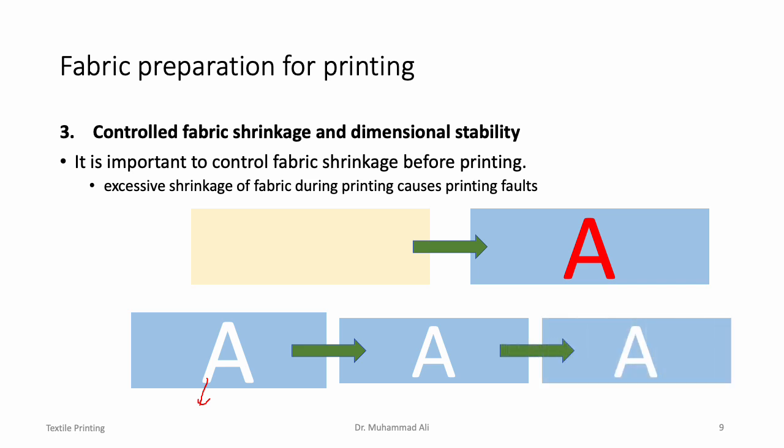And now when we want to print letter A in a particular size, it won't fit in the wide areas. This problem has occurred because the fabric shrinkage was too much after printing of a certain color, and therefore the positioning or the placement of the subsequent colors on the fabric is affected.